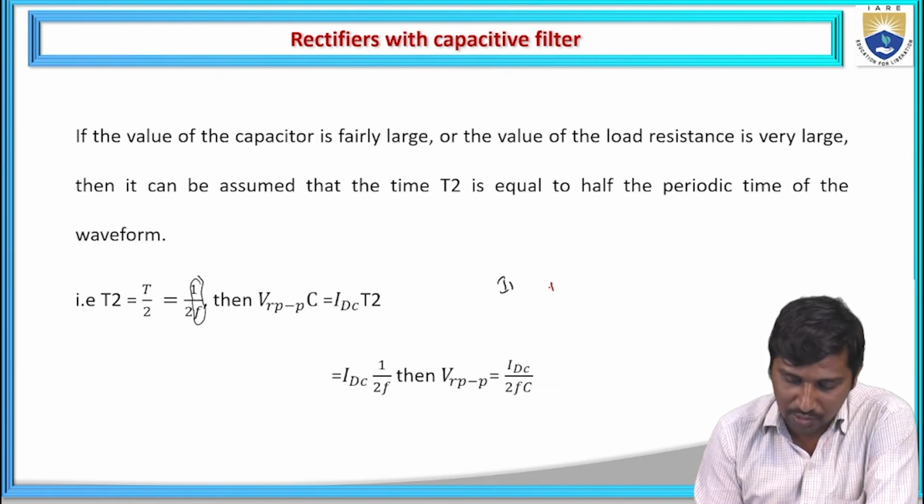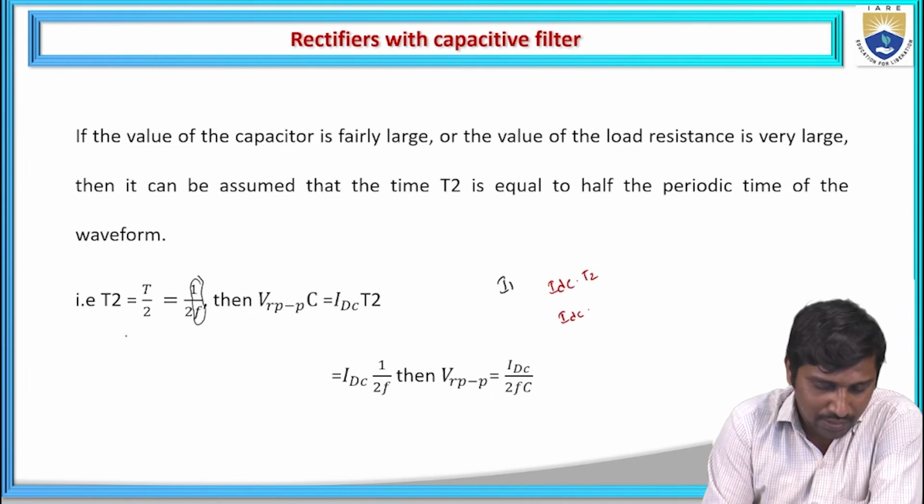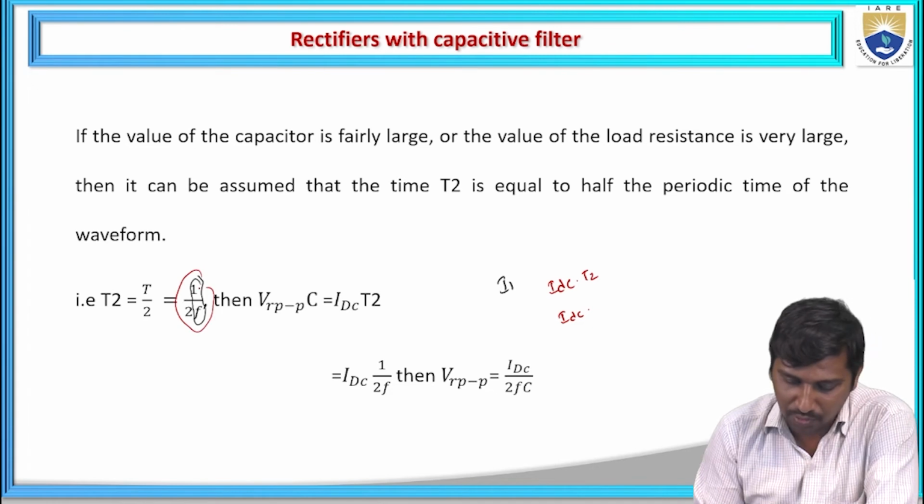So here, assume this IDC into T2, and now we assume that T2 is represented as 1 by 2F. So hence this is 1 by 2F.